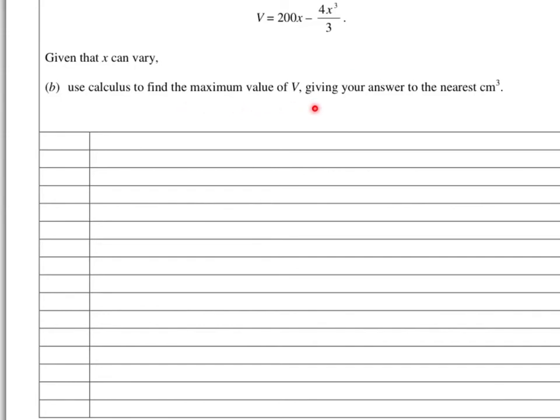So doing dV by dx, that's quite straightforward, 200 minus, times by the power, so I'm going to times by 3. That's going to cancel with 3 on the bottom, so minus 4x squared, reducing the power by 1.